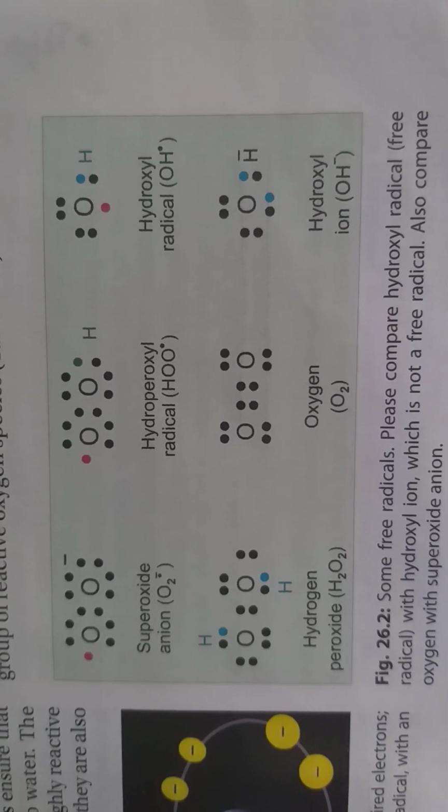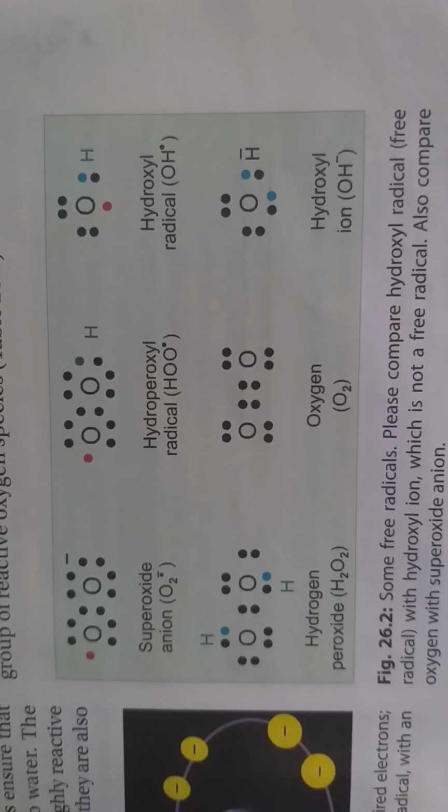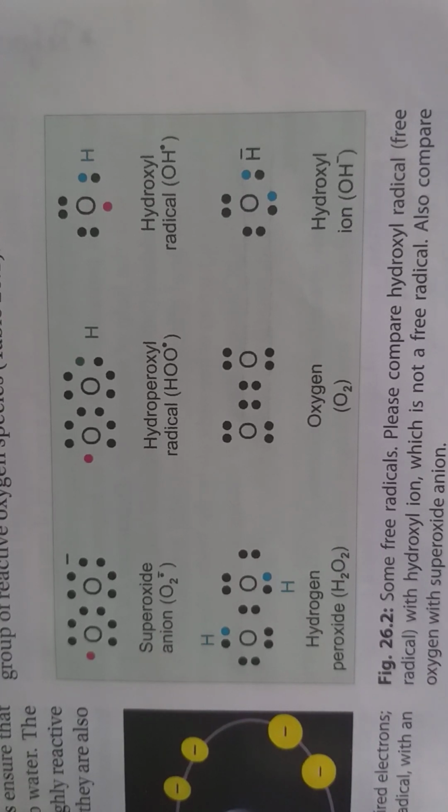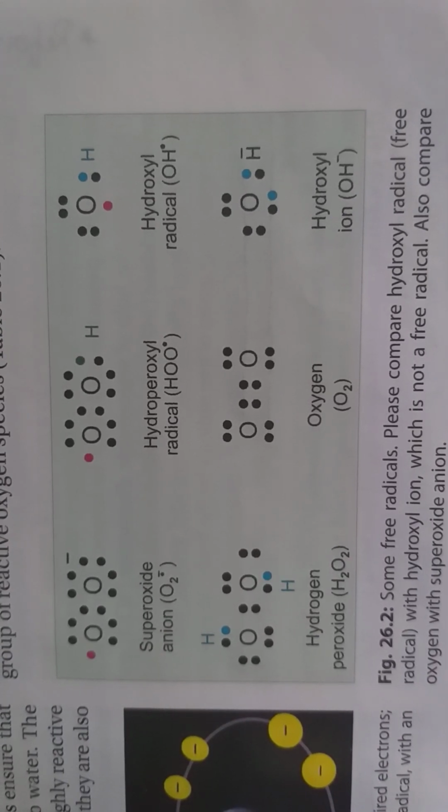Free radicals are also known as reactive oxygen species, or ROS. It's because these free radicals are formed due to the partial reduction of oxygen molecules to water. And these molecules create havoc to the living system.